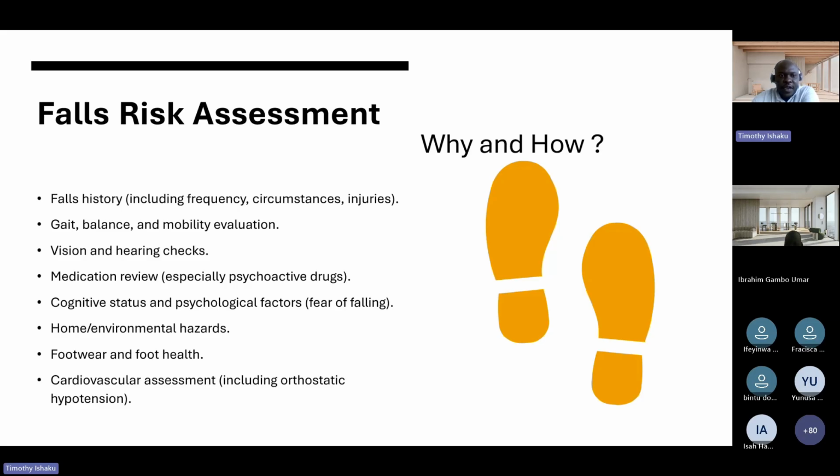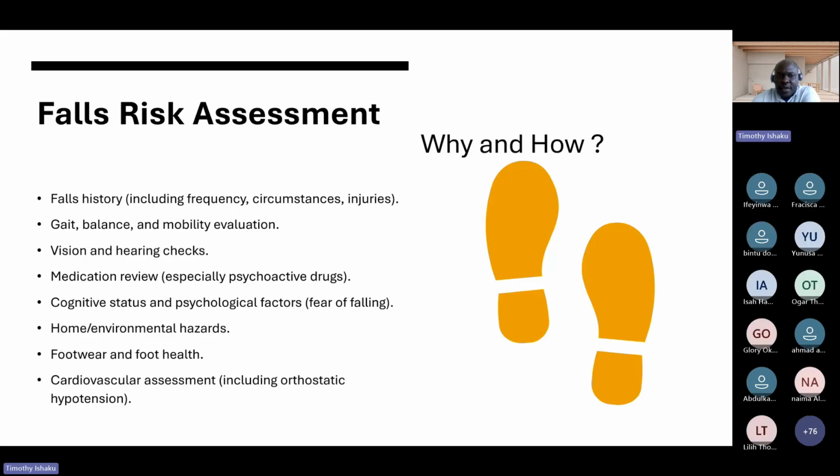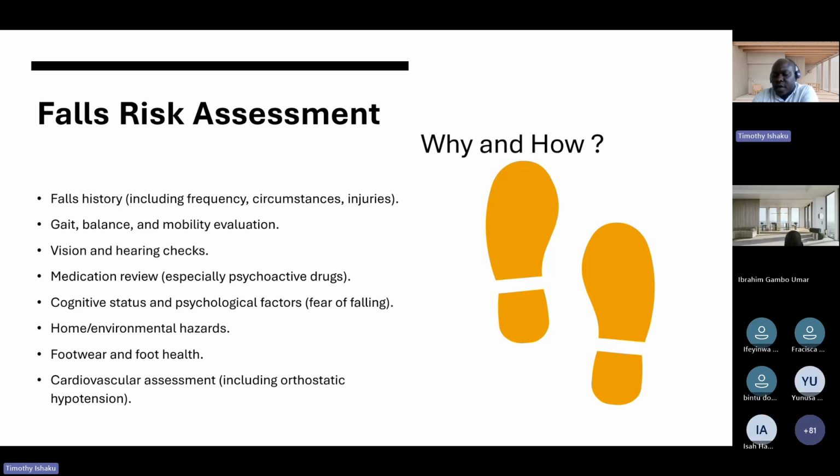The second part, thank you for those that have kept on putting those in the chat box, is the gait, balance, and mobility evaluation.